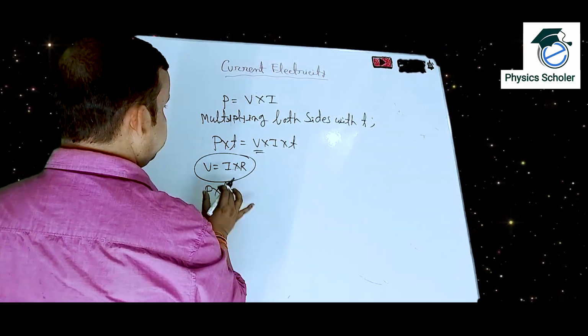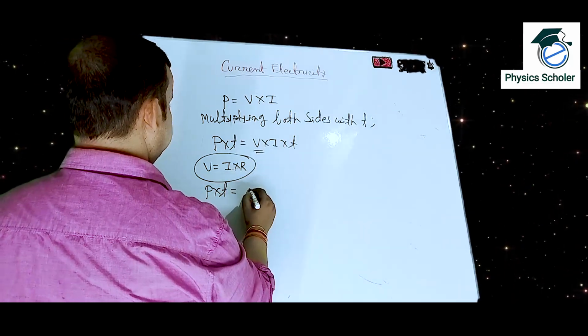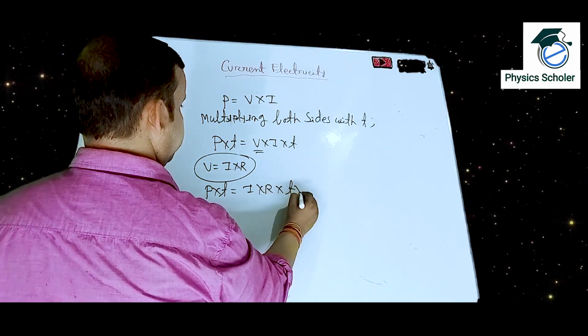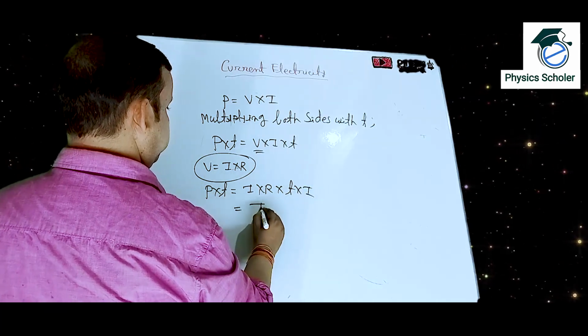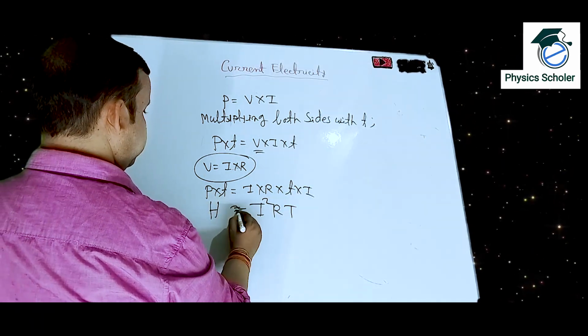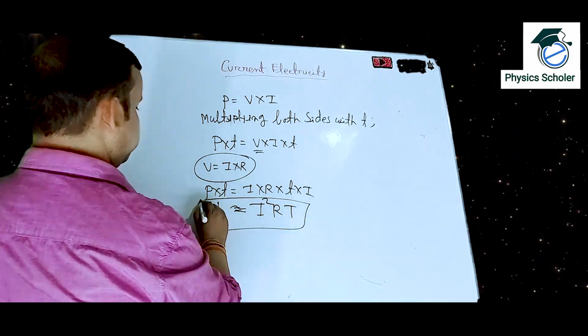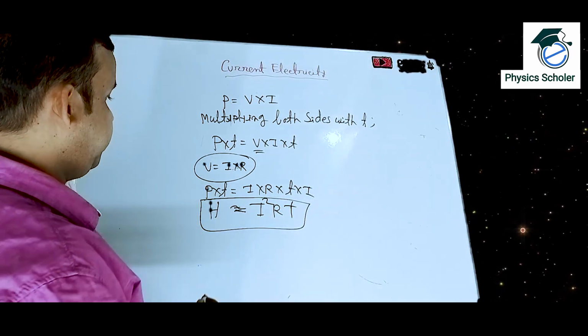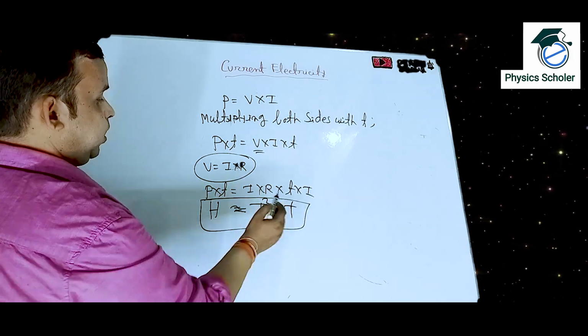Total energy consumed is equal to what? V means I into R, into T into I. So it is I square RT. So that is the electrical energy consumed in time T. H is equal to I square RT.